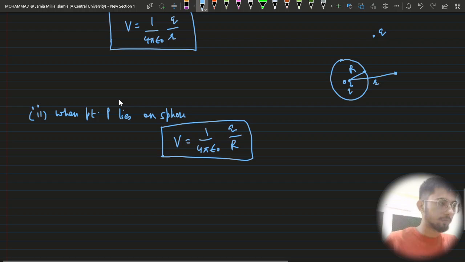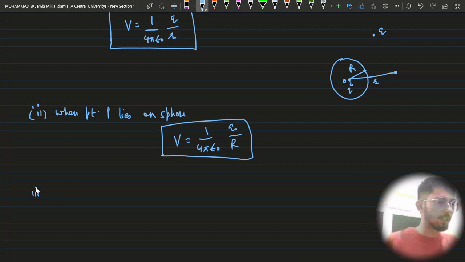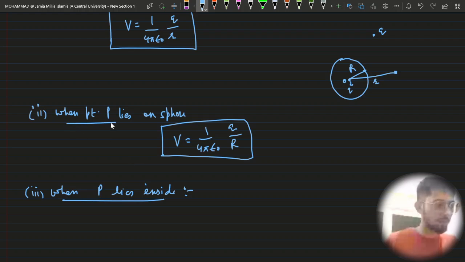Now the third case, when P lies inside, what will happen? See, the electric field is 0 inside the shell, we know that, right? Inside the whole shell it is 0.